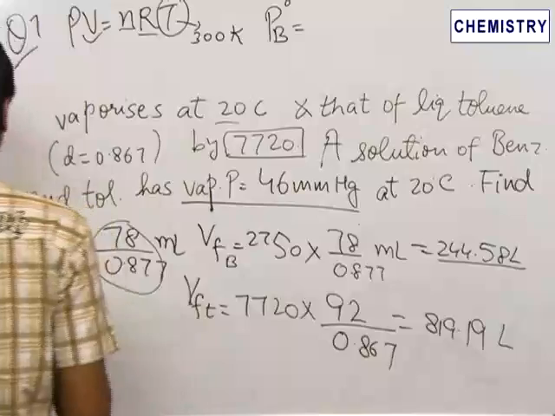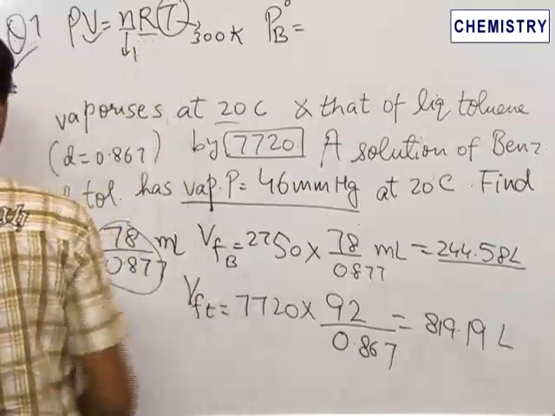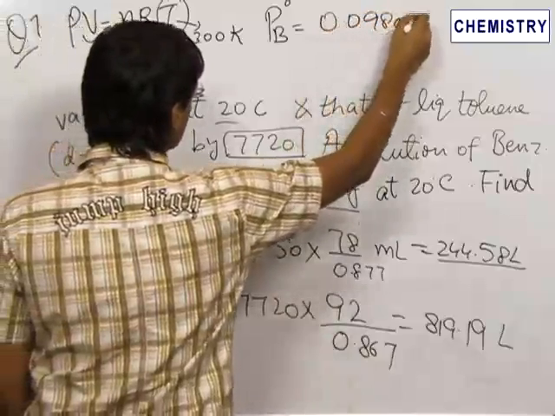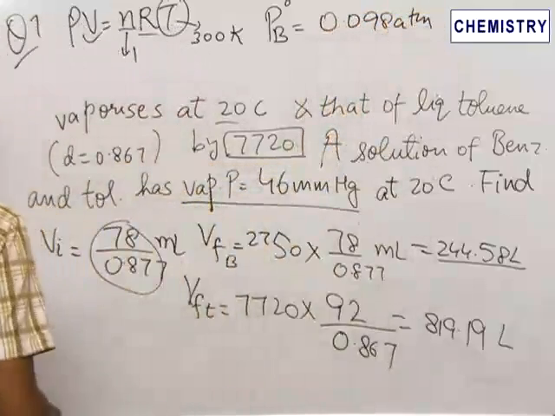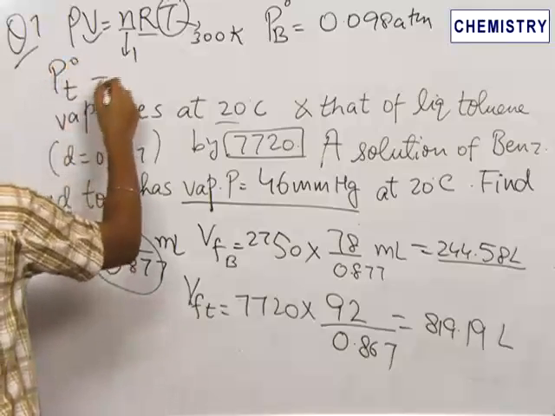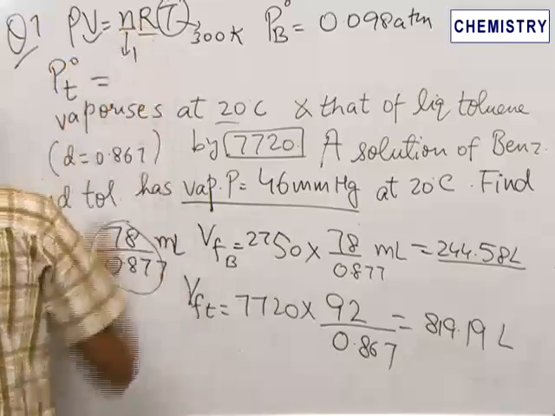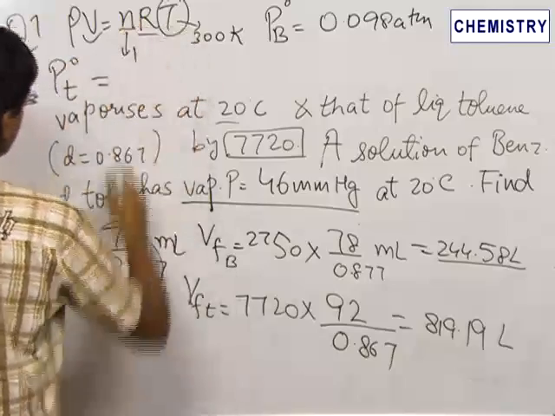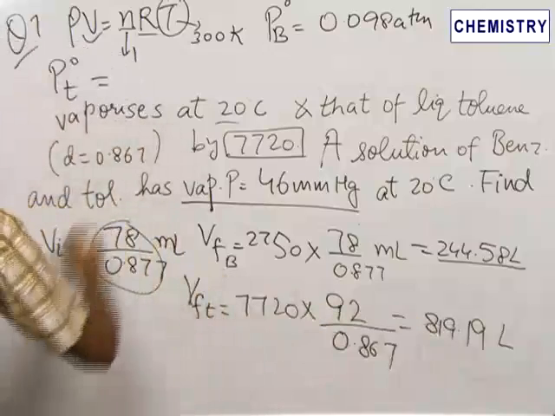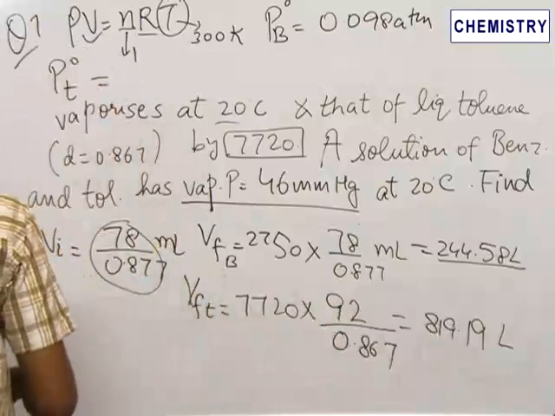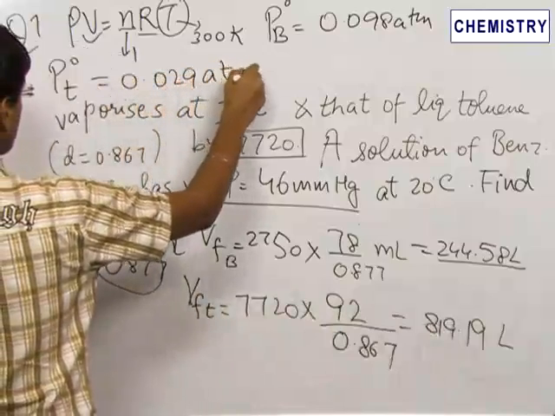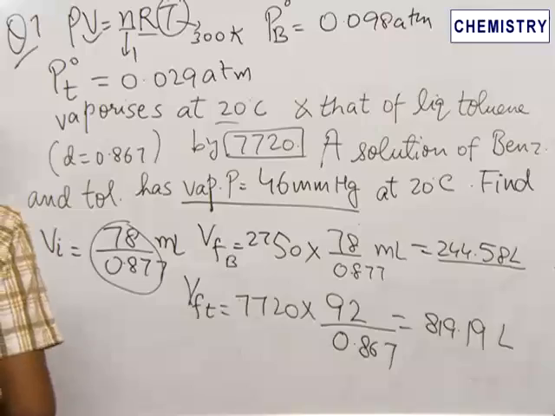It is equal to nRT by V. This n is equal to 1. On solving, this comes out to be equal to 0.09 atmospheres. And if for toluene it is PT naught, then for toluene also n is equal to 1, T is equal to 300 Kelvin, and the volume for toluene we calculated to be equal to 819.19 liters. So the pressure for toluene comes out to be equal to 0.029 atmospheres on putting all the values in this formula.